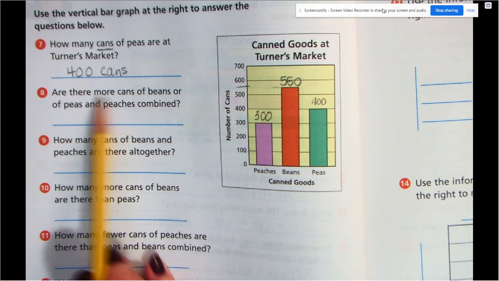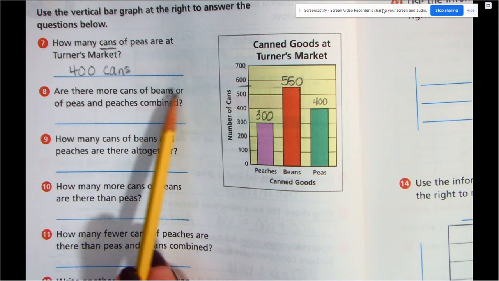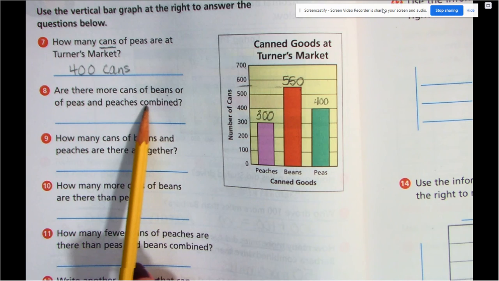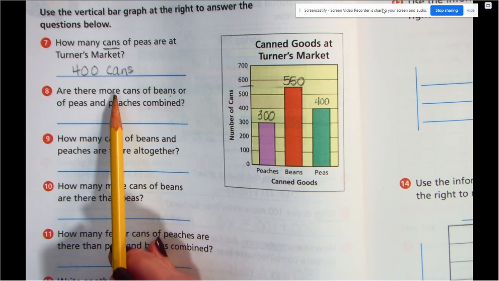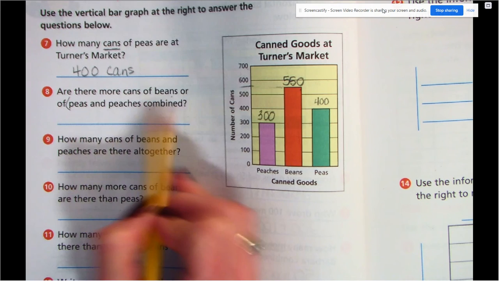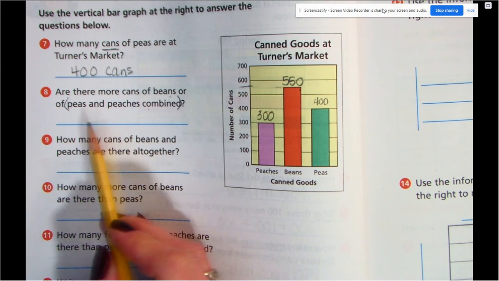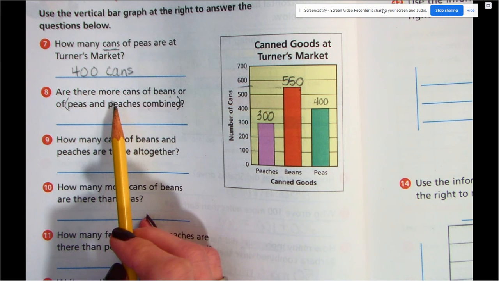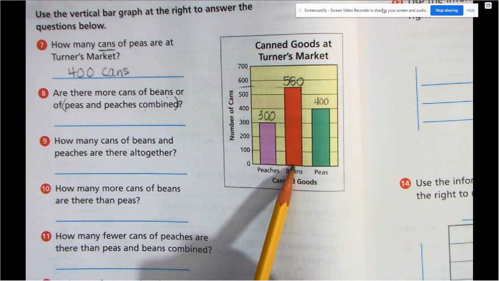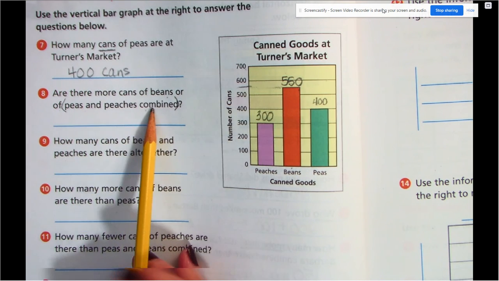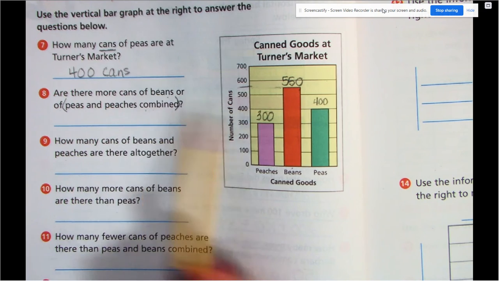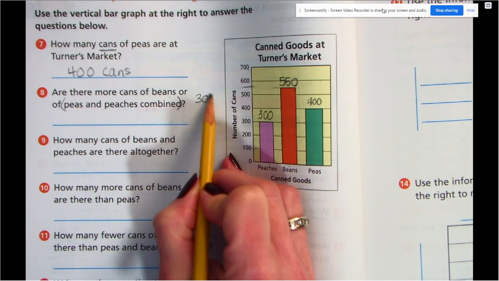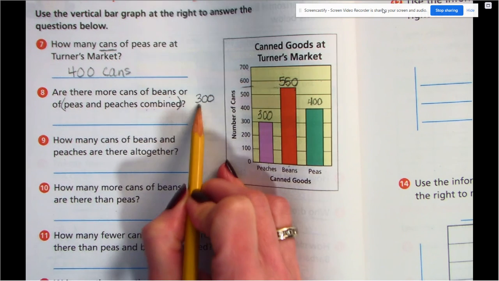It says, are there more cans of beans or of peas and peaches combined? So we've got beans or peas and peaches combined. They go together. We're comparing one to a group. So how many beans are there? 550. How many peas and peaches combined? You have to look and see. Here's peaches. That's 300. And the peas are 400.